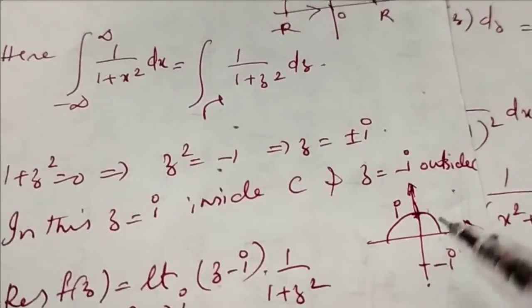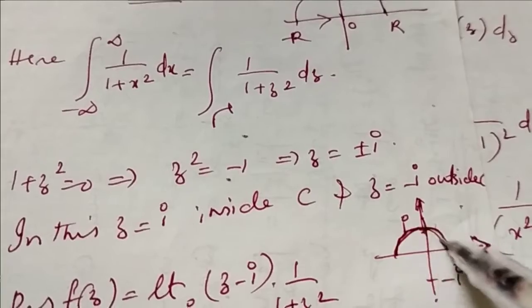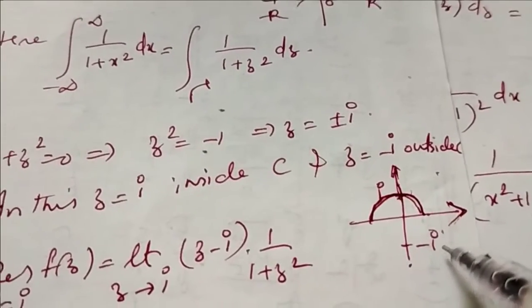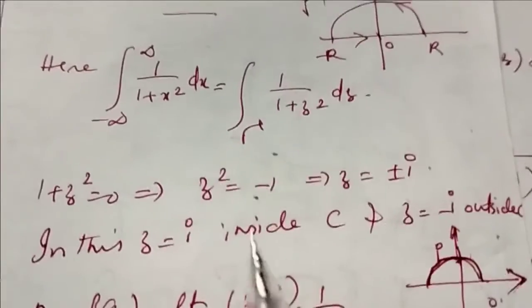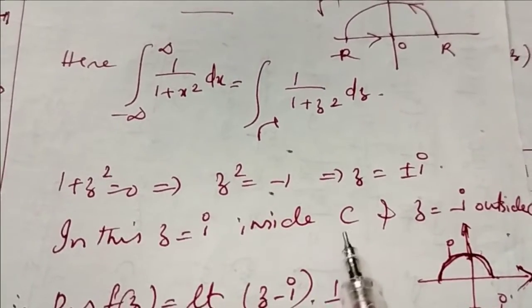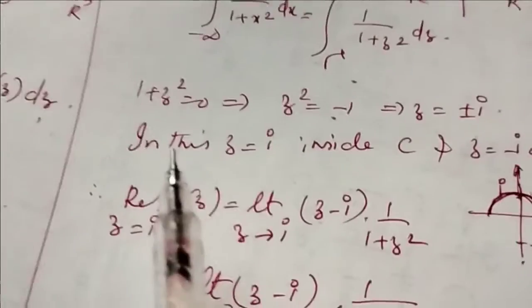Since we consider only the upper semicircle, minus i lies outside C. So z equal to plus i lies inside C and minus i outside C because it is on the lower part.